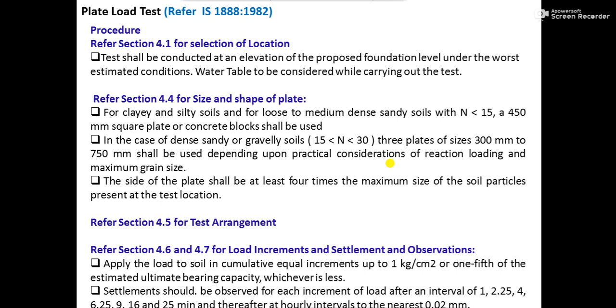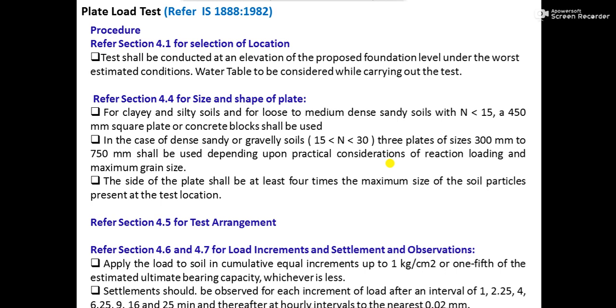The settlement should be observed for each increment of load after an interval of 1 minute, 2.25 minutes, 4 minutes, 6.25 minutes, 9 minutes, 16 minutes, 25 minutes, and thereafter at an hourly interval, to the nearest 0.02 millimeter.